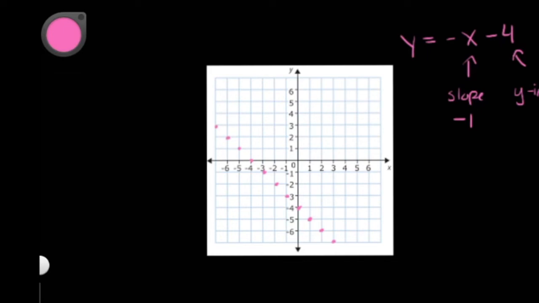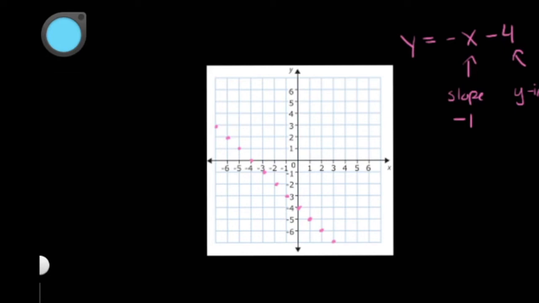And I'll change the color, and we'll do the other line. So remember that the information that we just did was that we had a parallel line, and it was going through the point 4 and -4. So when we worked that out, we found that the y-intercept would actually be 0.